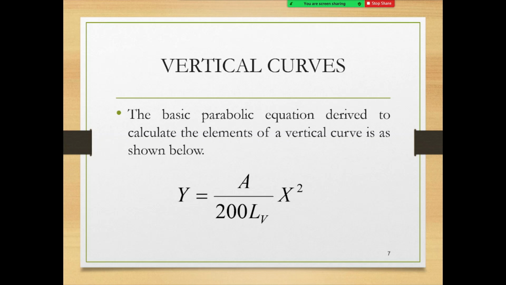Now give a small blow to your head and understand: x is not along the road. Y is up towards the sky. X is normal to that, right?